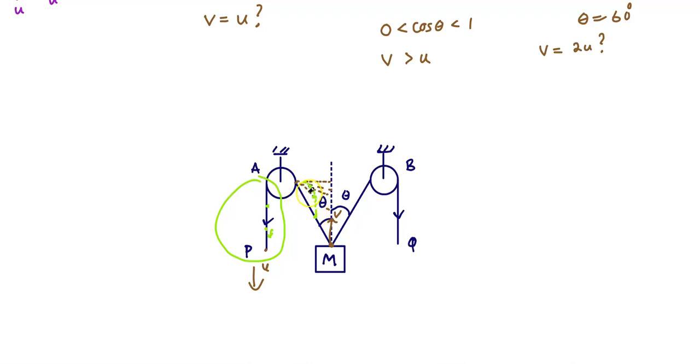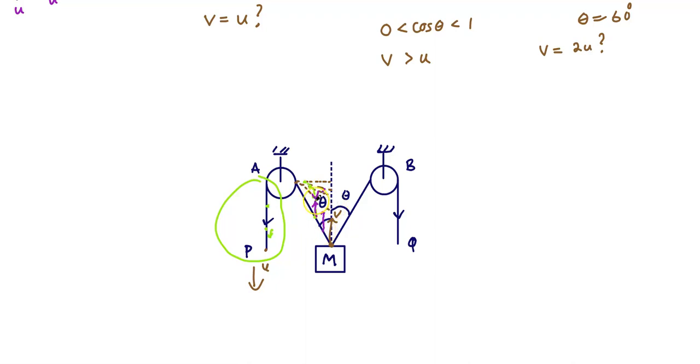What we can confidently say is that because the string is inextensible, the component of all of these velocity vectors, let's say at this point this has a velocity vector in this direction, doesn't have to be vertically up, could be some other direction, b dash. This point has a velocity vector in some other direction.